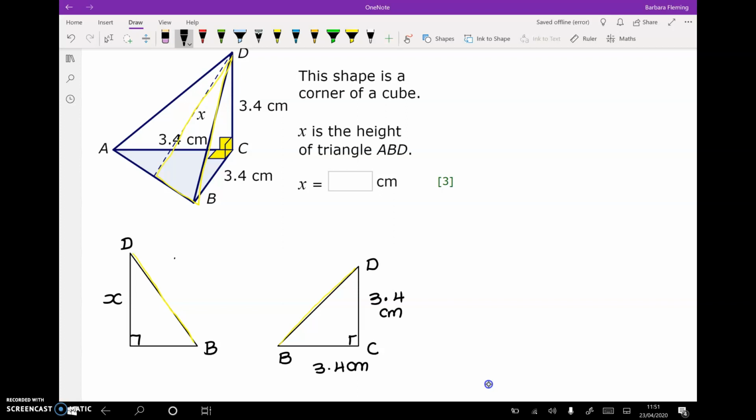So let's see how we go here. We're going to find our line DB. Let's just call it DB, and we know that once again is our hypotenuse. So A and B doesn't matter. C squared equals A squared plus B squared. We can go DB squared equals 3.4 squared plus 3.4 squared.